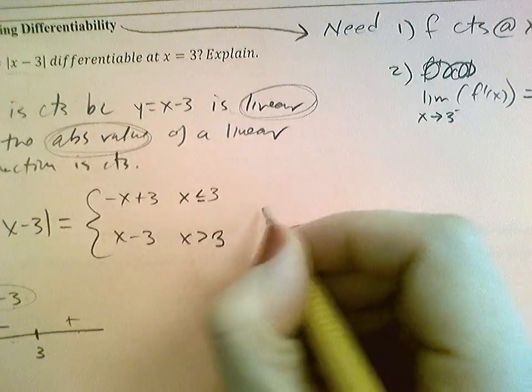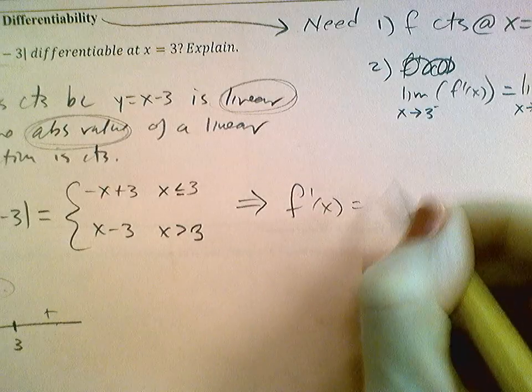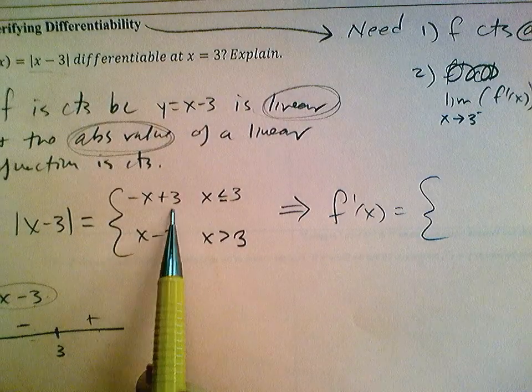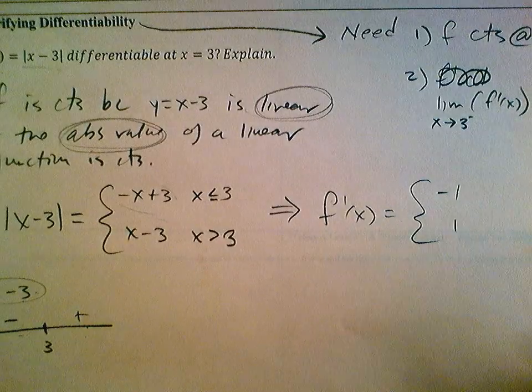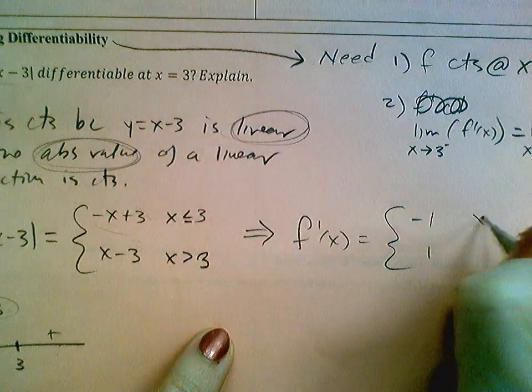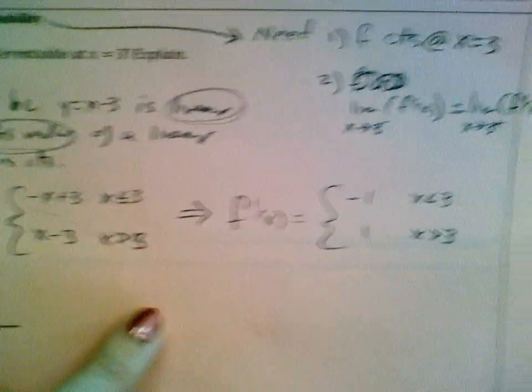Okay, and then for f prime of x, you just take the derivative of these. What's the derivative of this? It's -1. What's the derivative of this? It's +1. So it's -1 for x is less than 3, +1 for x is greater than 3.